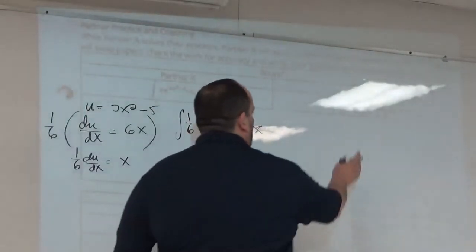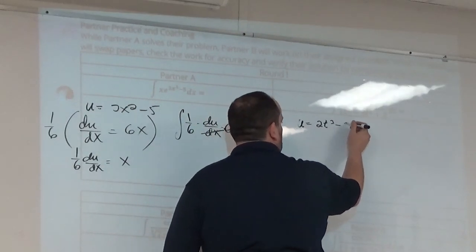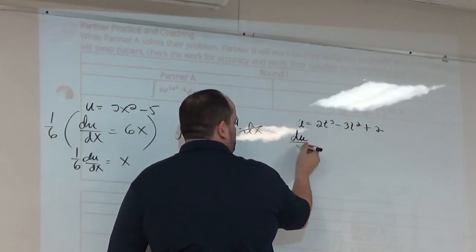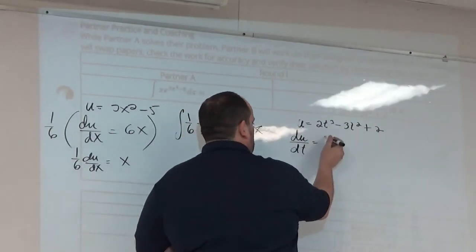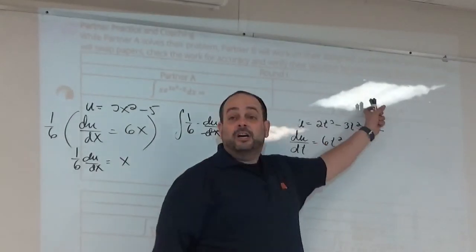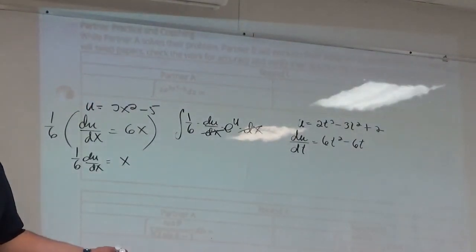Over here, partner B, u is 2t cubed minus 3t squared plus 2. du, be careful, du dt is that guy's derivative, which is 6t squared minus 6t. Oh, bummer, I don't have 6t squared minus 6t. I have t squared minus t.